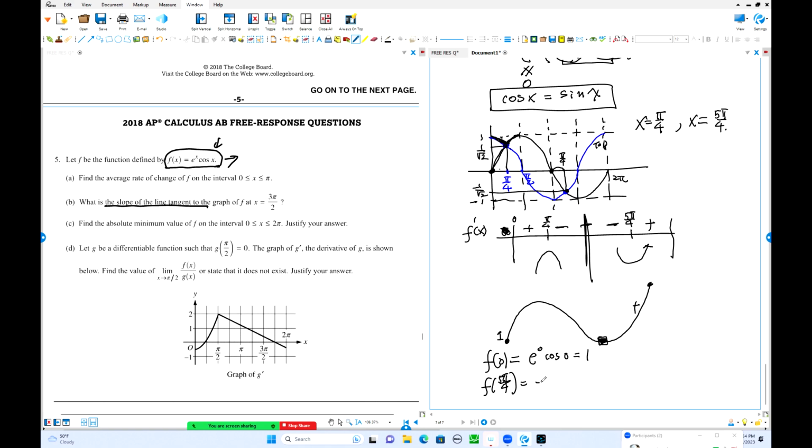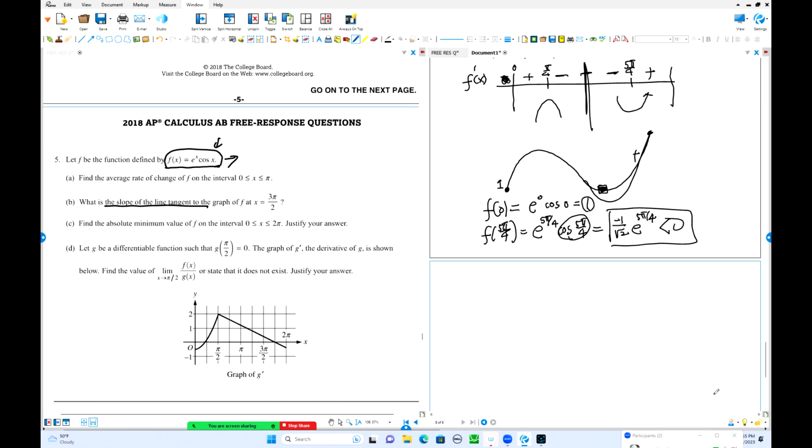The second one is e to the 5 pi over 4 times cosine 5 pi over 4, which is negative 1 over square root 2 times e to the 5 pi over 4. This is a negative number and the other is positive, so this is lower. So this is the absolute minimum.